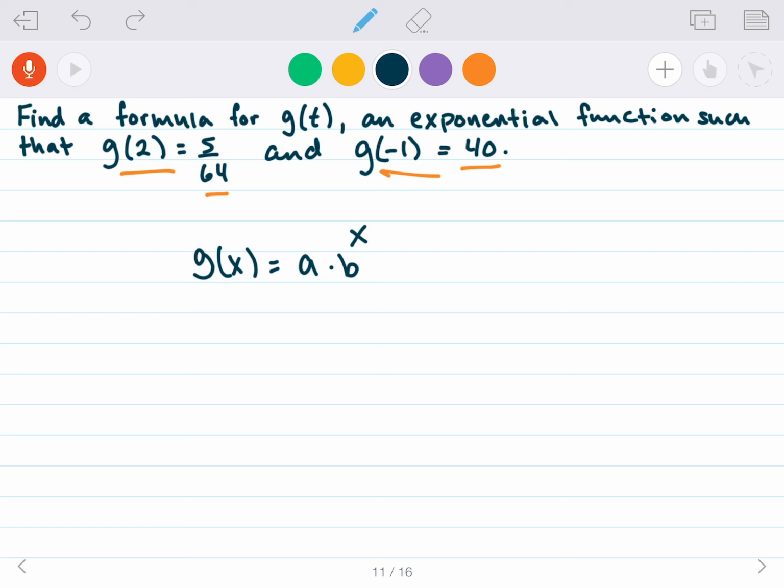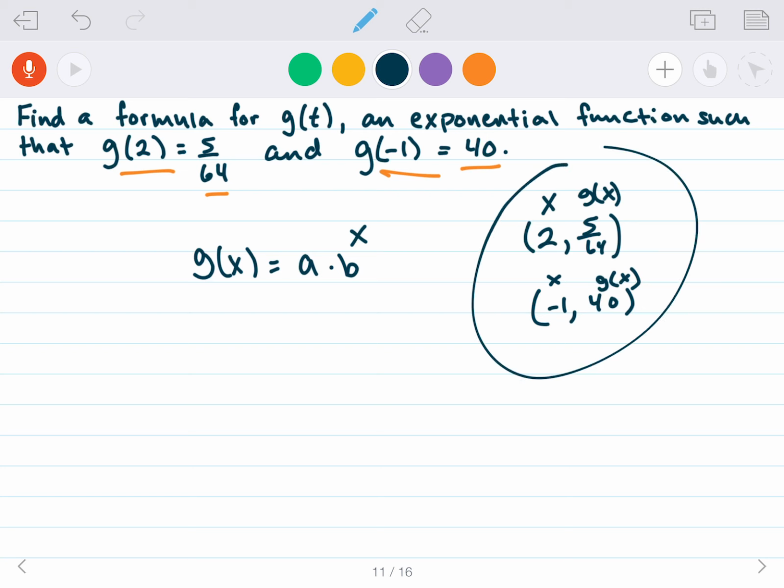However, we have an x comma g of x. We have a 2 comma 5 over 64, and we have another one, negative 1 comma 40.